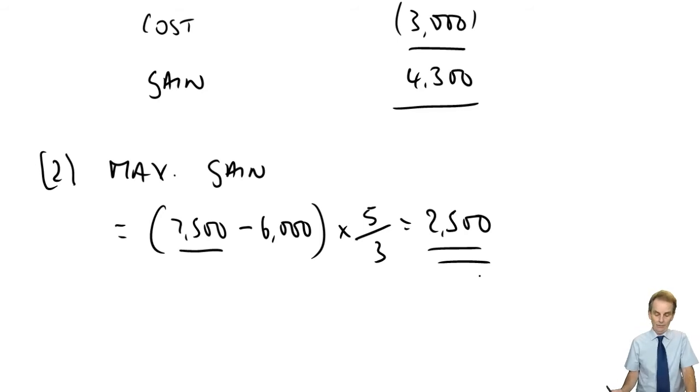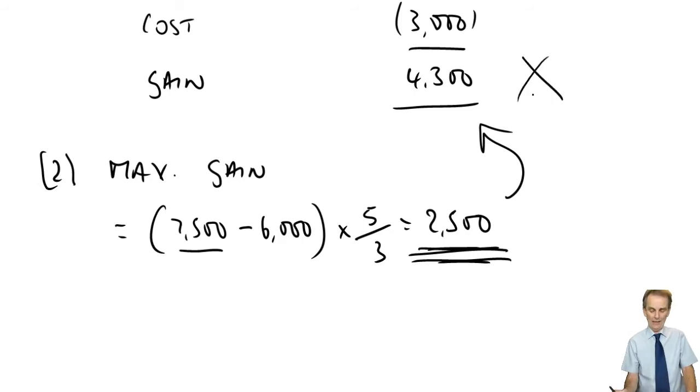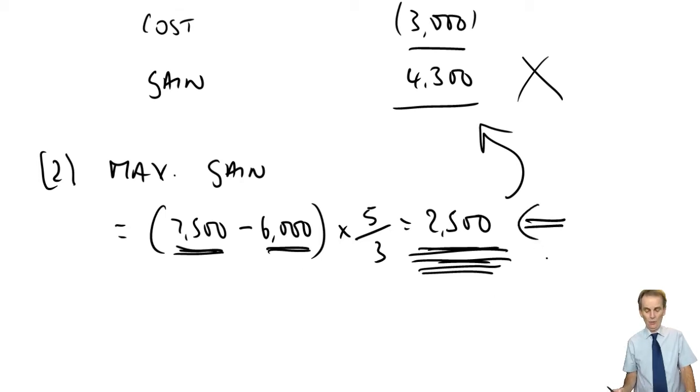Is that figure less than 4,300? Of course it is. Therefore, that is the maximum gain that will now arise. The taxpayer will not be charged on the actual gain. It will be limited to that maximum figure. Now, in this situation, where you sold for 7,500 and you have an exemption limit, as you always do, of 6,000, then the maximum gain was always going to be 2,500.